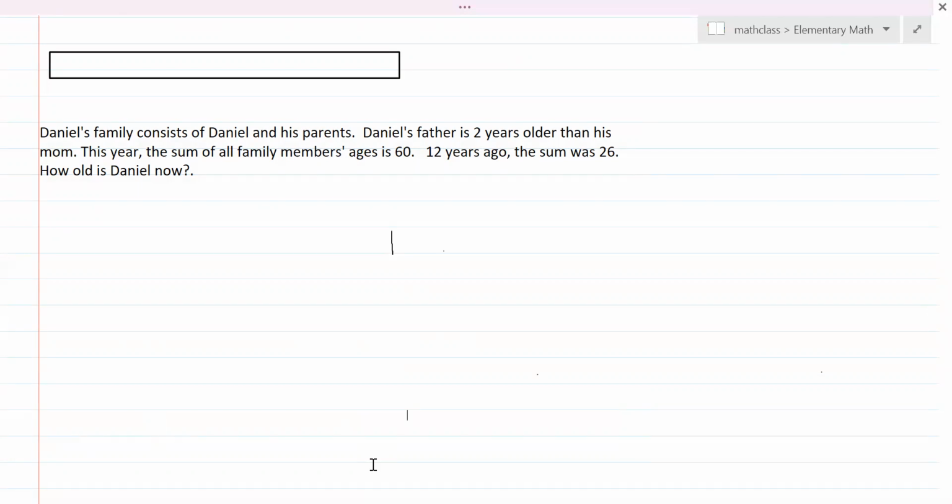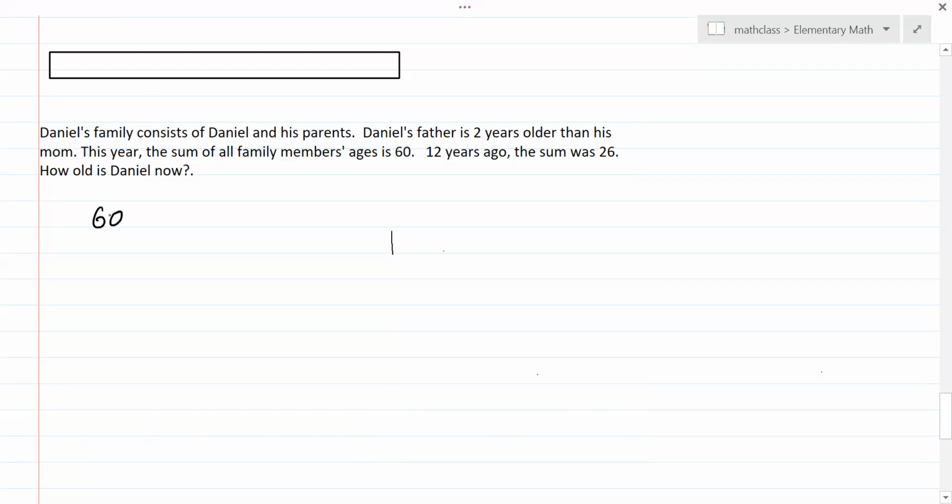Well, if you want to count, let's look at the sum of the ages. So the sum of ages this year is 60. Let's do a simple observation.